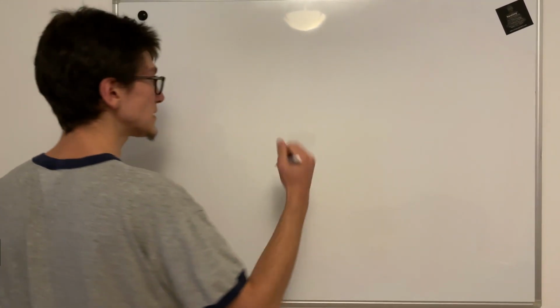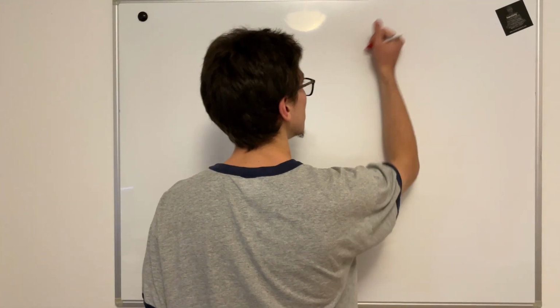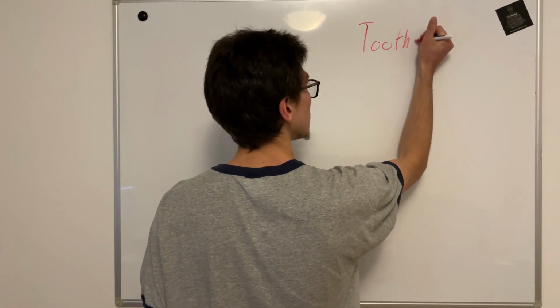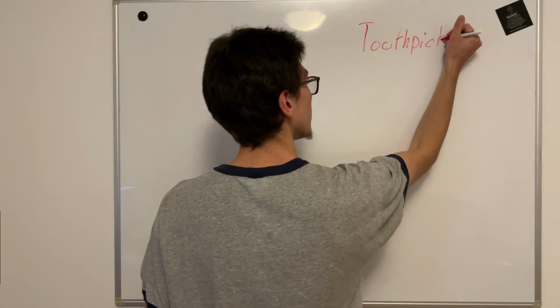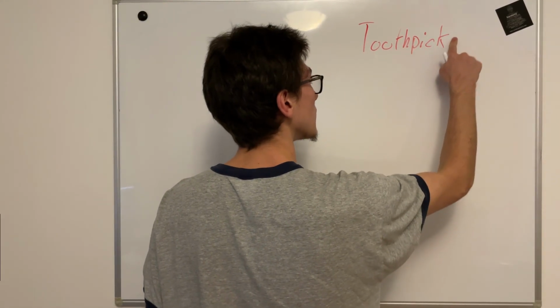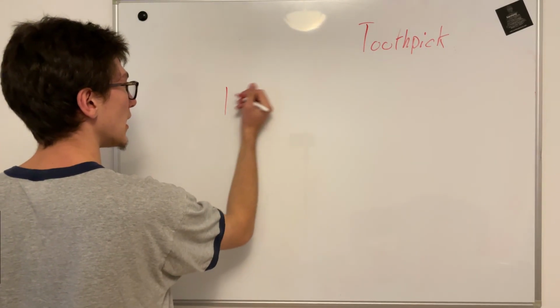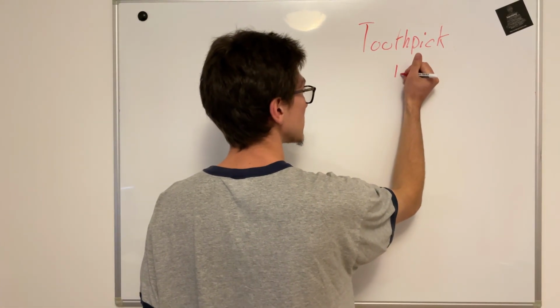All right. So the concept is that we have a toothpick, right? The toothpick is basically just a bar with a given length. So it has a length.